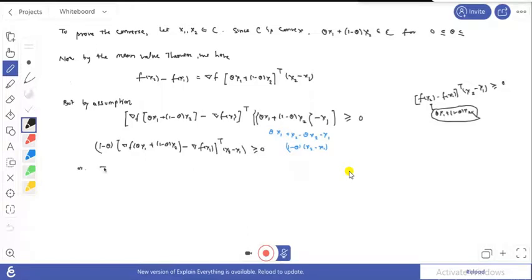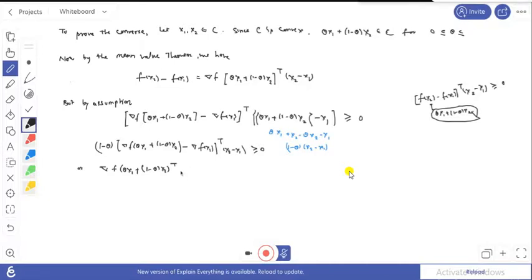Okay, now you can take this gradient of f at theta x1 plus 1 minus theta x2, transpose. And here the 1 minus theta is positive, because theta is between 0 and 1, so this value is always greater than 0. So if we divide by that term, this is also greater than or equal to 0.